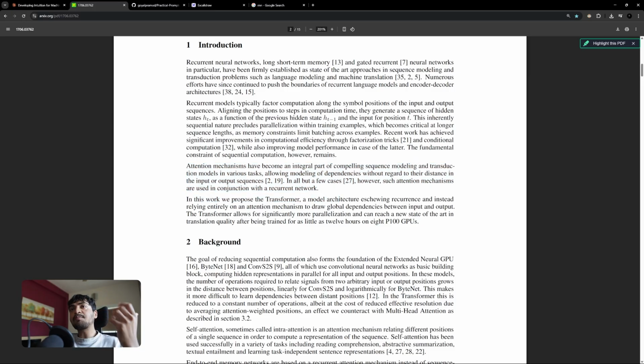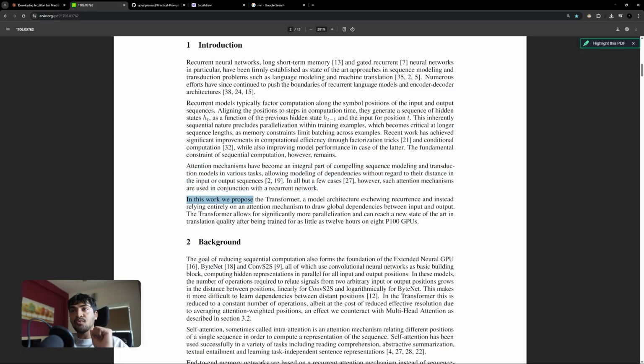Yes, third paragraph, they mention that the attention mechanism has become an integral part of language translation, but it is used along with different architectures like RNNs and CNNs. There is no single architecture which is solely based on the attention mechanism.